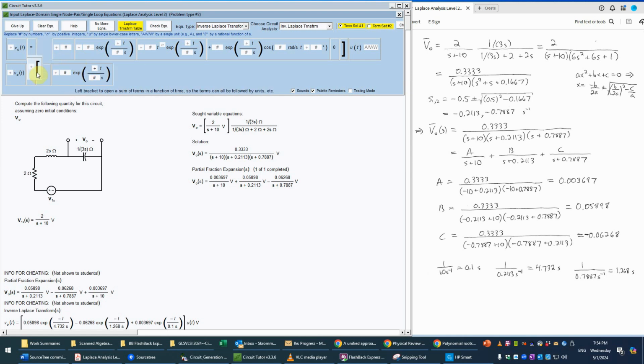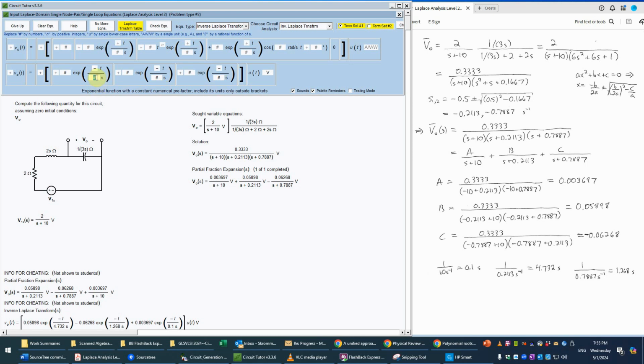However, I do need a bracket there, so I'll stick a bracket in front so that I can multiply all of them by u of t, because everything has to be multiplied by u of t basically in the time domain when we do Laplace. So here, that's going to be a volt, put in the unit, and we've got our u of t, and all of these exponentials are decaying, so I'm going to make sure those are all minus signs, otherwise they would blow up, and that wouldn't be good at all, because then the circuit could literally blow up too.